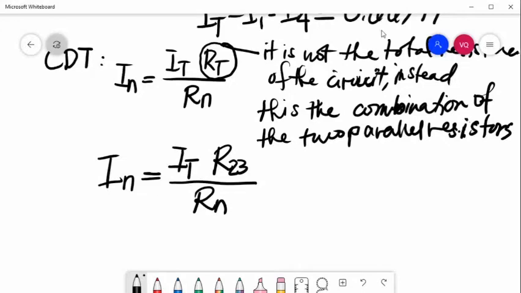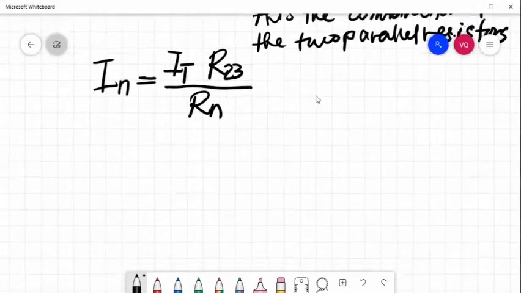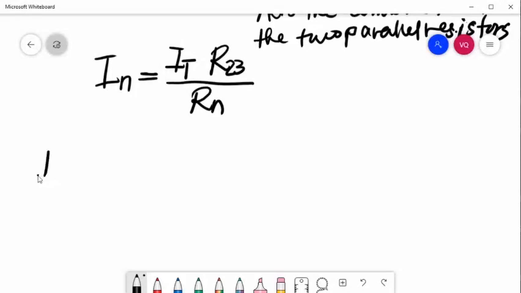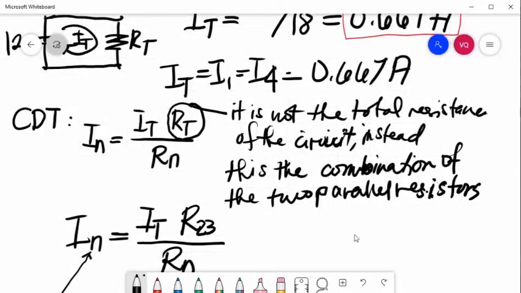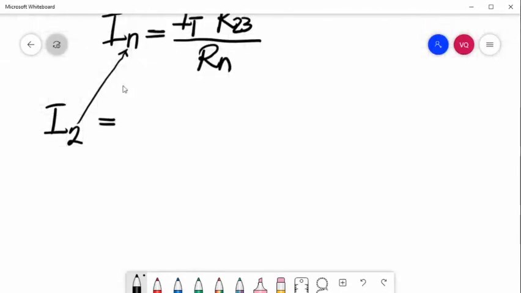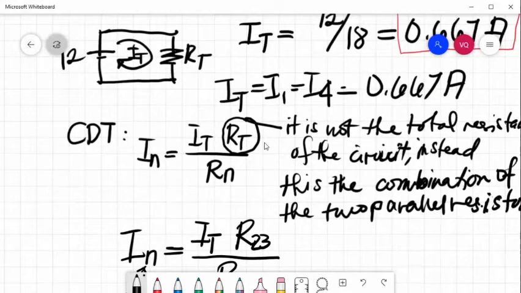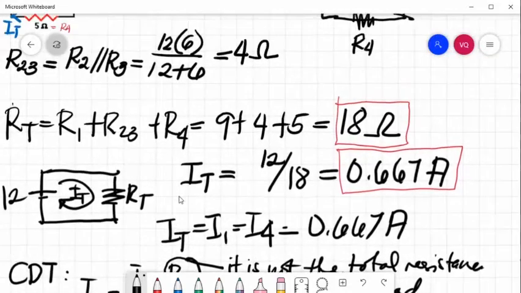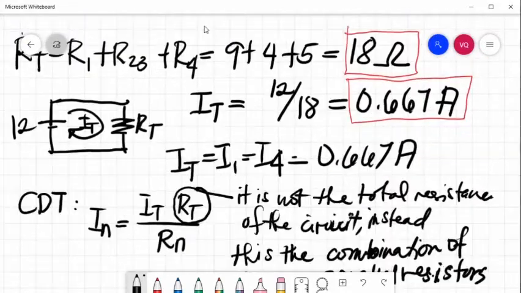So, in this case, we will solve first your I2. So, I2, this is your IN, is equal to our total current, which is 0.667, multiplied by R23. We already computed R23, which is equal to 4 ohms.